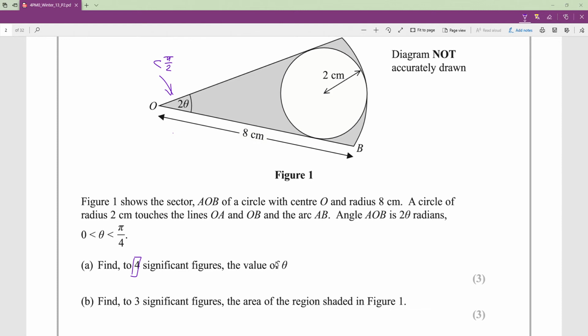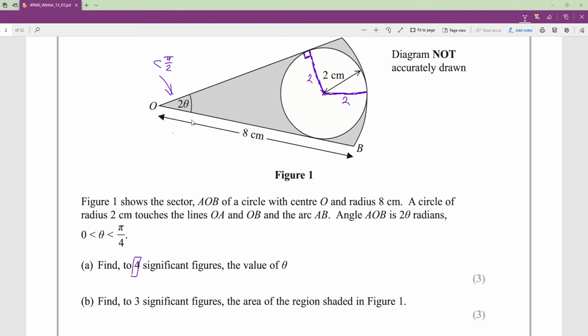So let's see what we can do. Let's see if there are any lines we can add. Firstly, we know this must be 2 centimeters as well to the center of this circle. And because it's a tangent, it's going to have a 90-degree angle. And we also know that it's 2 centimeters to this point on the bigger circle as well.